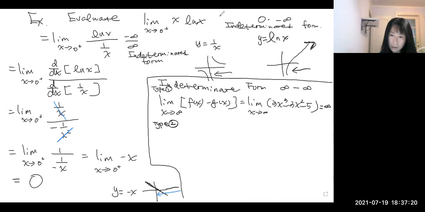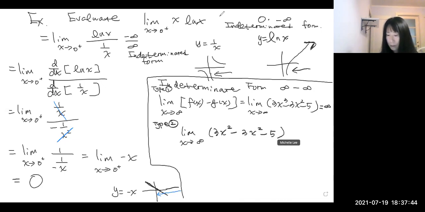So they say that in this example, like 3x squared minus, that is the f of x for the 3x squared, and then g of x will be 3x squared minus 5.